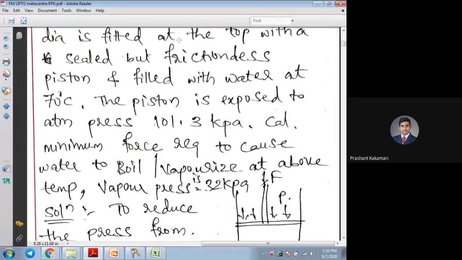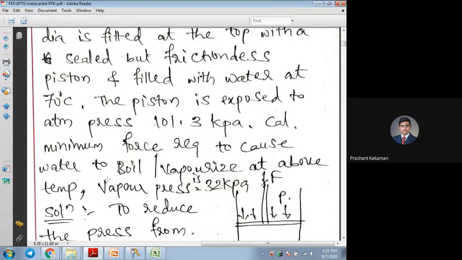In this, we need to calculate the minimum force required to cause water to boil or vaporize. See the question here, they are not telling us to boil it. What we need is to check whether it will vaporize or not. So calculate the minimum force or minimum pressure, because pressure is force per unit area, while force is in newtons, directly applied at the given point.